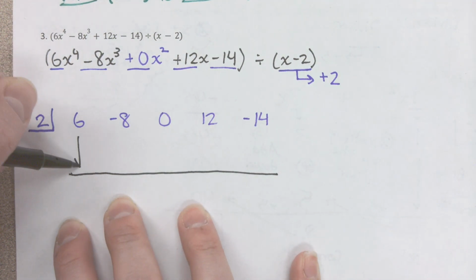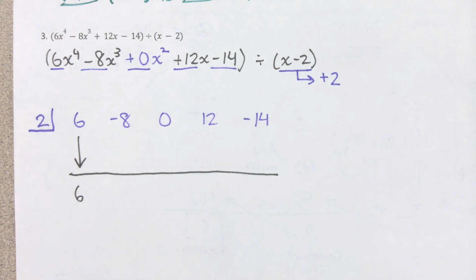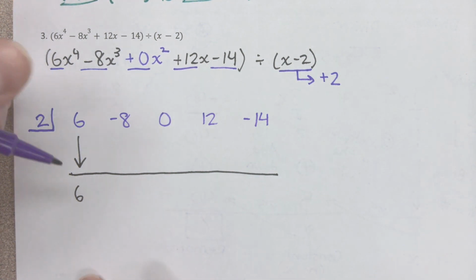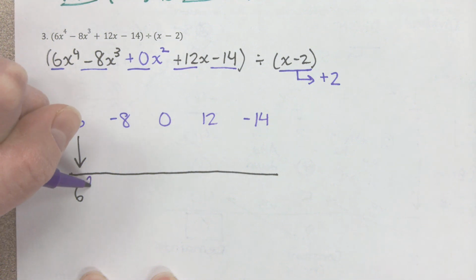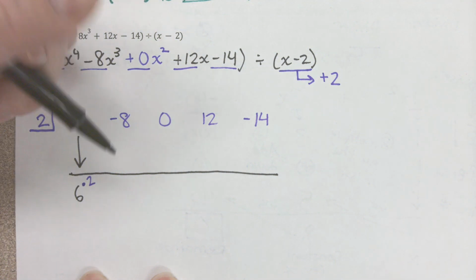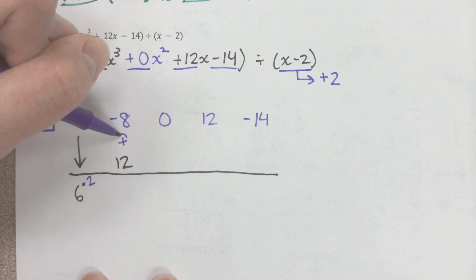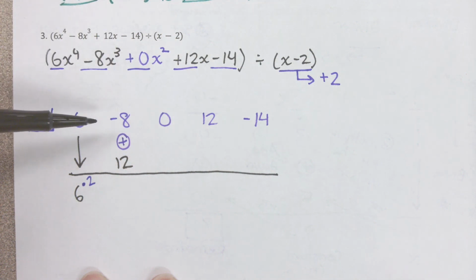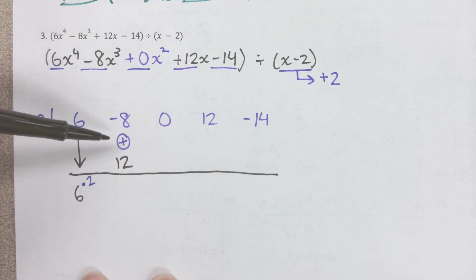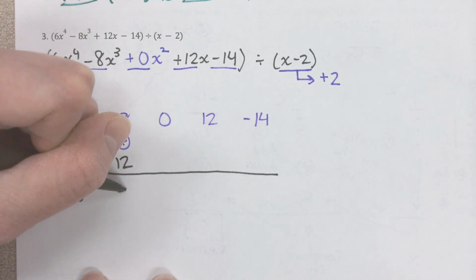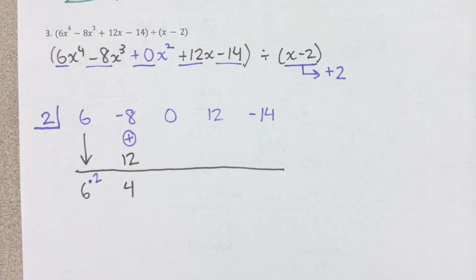First, take that first coefficient 6 and bring it down. From here, we multiply, add, multiply, add. Multiply by positive 2, and we get 12. 6 times 2 is 12. Then we add down, negative 8 plus 12 is, careful, positive 4, not negative 4.